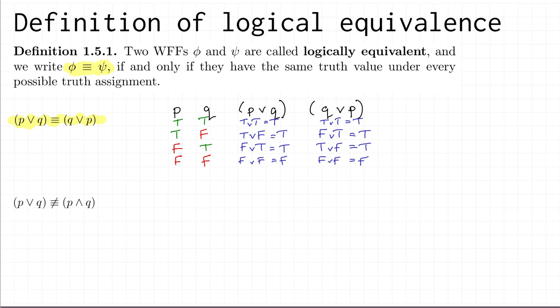You get that these two well-formed formulas had the same truth value under every truth assignment, and that means they're logically equivalent.